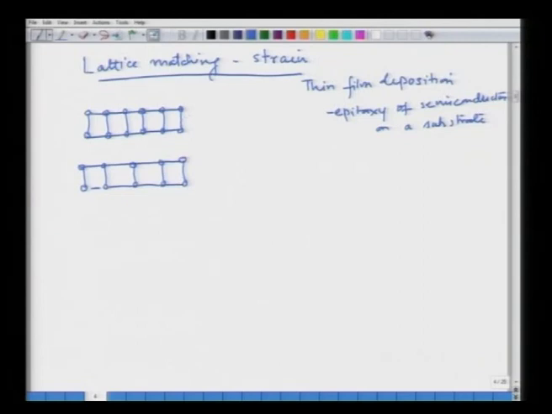The lattice parameter of the film is AF and of the substrate is AS. When I try to deposit this material on top of my substrate, the atoms where they are going to match with the substrate are at a different length. As a result, when I deposit this material, I have two options.